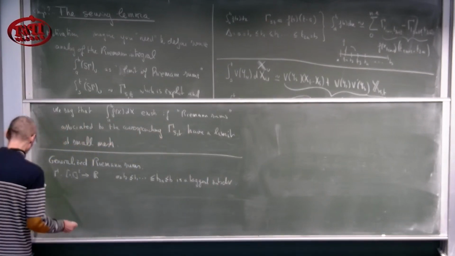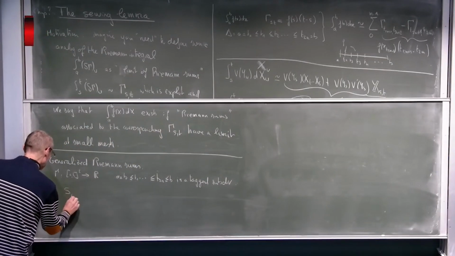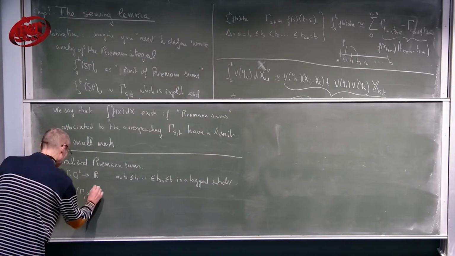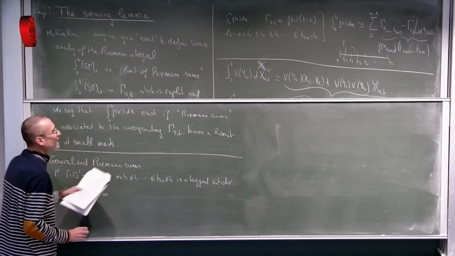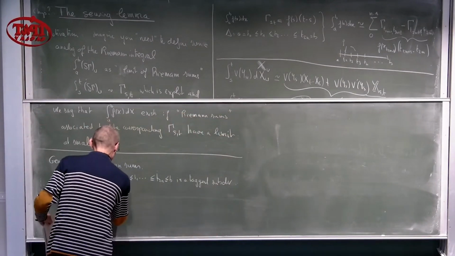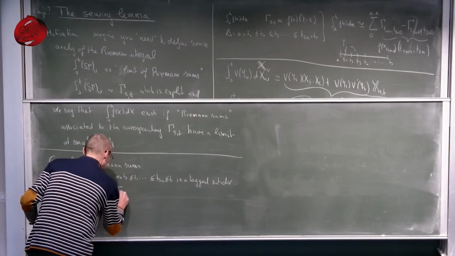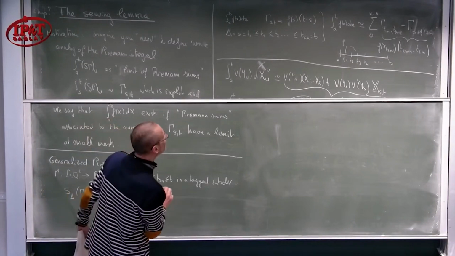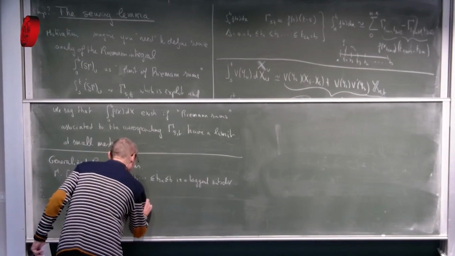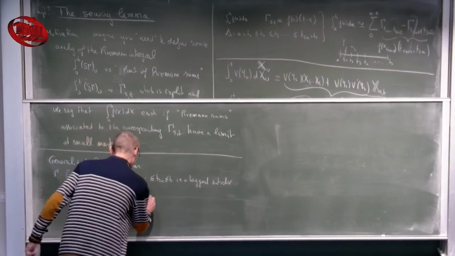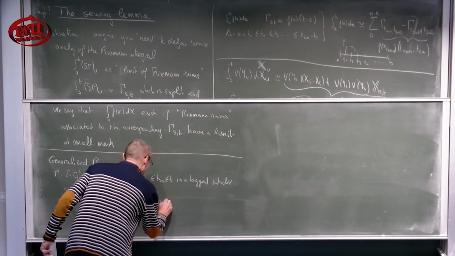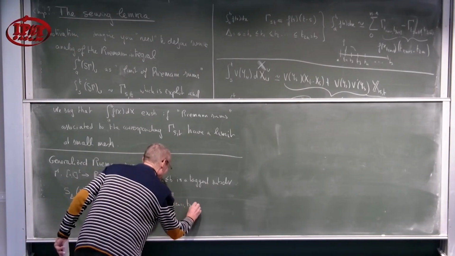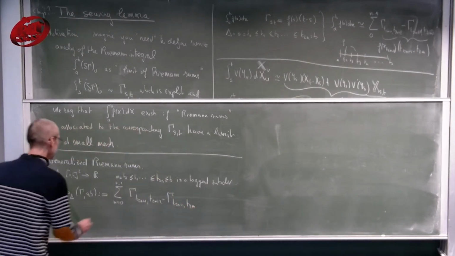Well, then you define something that we call a gamma Riemann sum as delta of gamma on A and B. By definition, I'm just copying what I did for the Riemann integral. This is just going to be the sum from m equals 0 to n minus 1 of gamma. I just copy it. So if I copied correctly what Jeremy told me, it should be correct. So this is my definition.